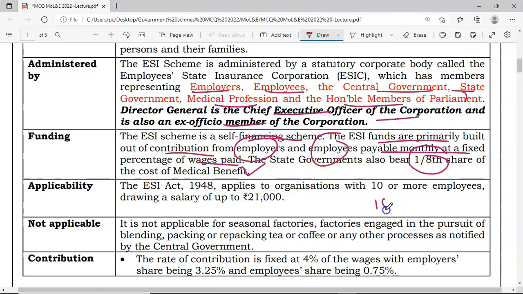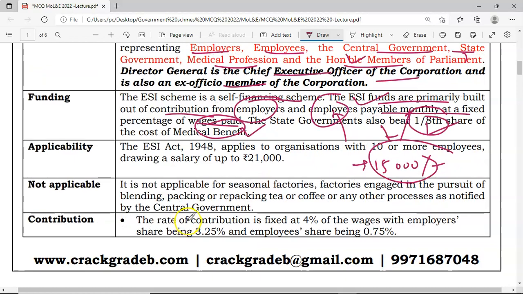I mean to say, if any person is earning 15,000 rupees per month, then a certain share of this will be contributed to the ESI fund. The employer also contributes, and in the case of the state, a 1/8 share will be borne by the state government as the cost of the benefit.